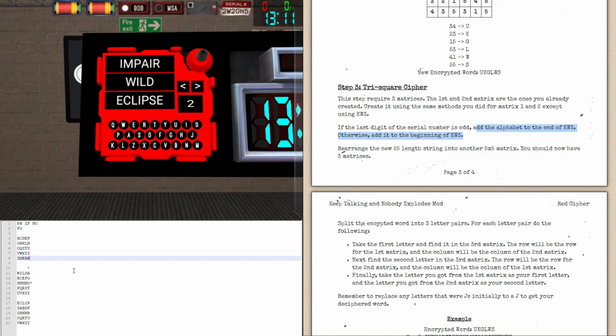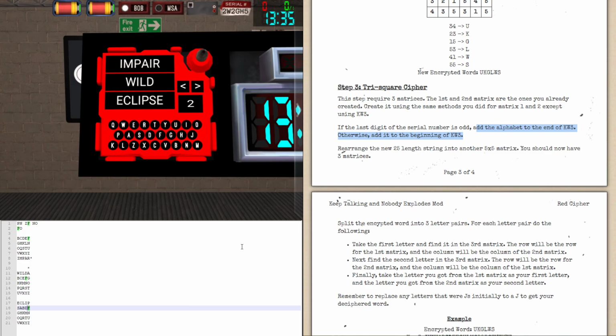And we're going to continue this with all these letters. So we're going to find Z here. So Z is going to be the fifth row of our first matrix and fifth column for our second matrix. And then for the F here, let's see, find F somewhere in here. F is right there.